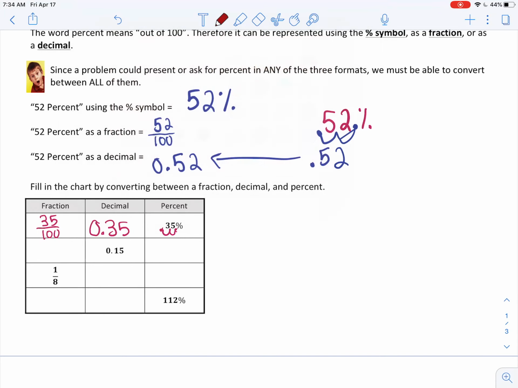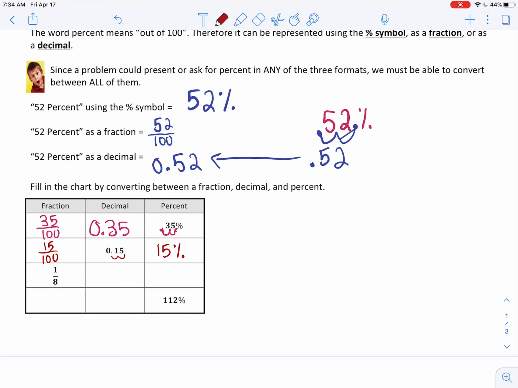Okay, in the second example here, you have 0.15 as a decimal. So if I wanted to first write that as a percent, I'm going to move the decimal 2 spots to the right. So here we go, 1, 2, that becomes 15%. And now if I want to write that as a fraction, 15%, 15 out of 100, just like that. 1/8 as a fraction.